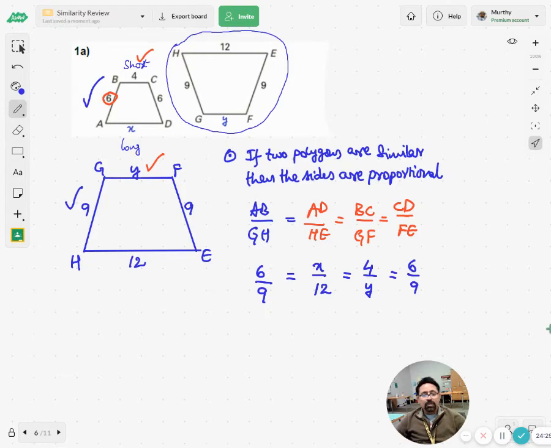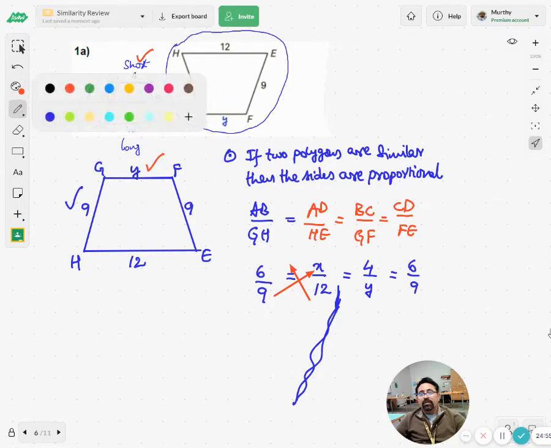So you can make this one into two parts. Like I know the numerator and denominator here, and here one of them is missing. So the numerator is not known. At this point, you can go for cross multiplication. That is 9 times x and 12 times 6.